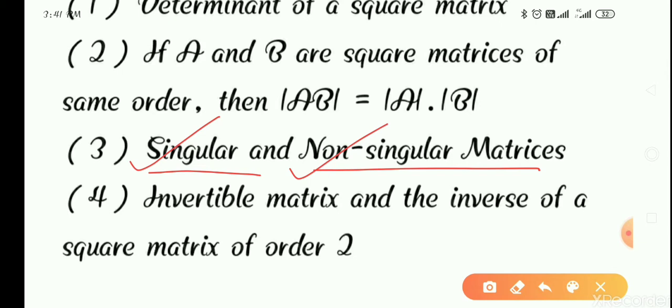Now the next point is coming: invertible matrix and inverse of a square matrix of order 2. Yes, especially I have written inverse of a square matrix of order 2.